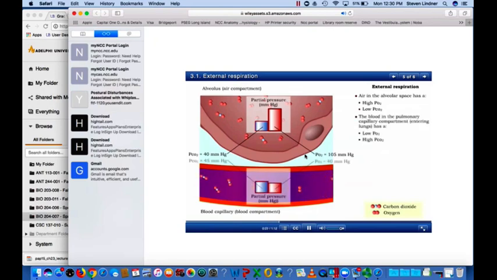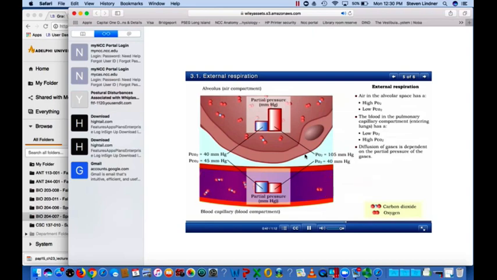In contrast, the partial pressure of carbon dioxide is higher in the blood in pulmonary arterioles than in the alveolar compartment. Thus, the blood in the pulmonary capillary compartment has a lower partial pressure of oxygen and a higher partial pressure of carbon dioxide.